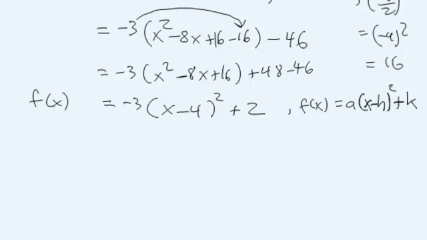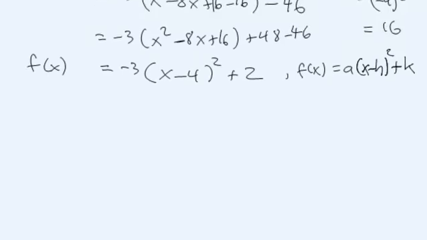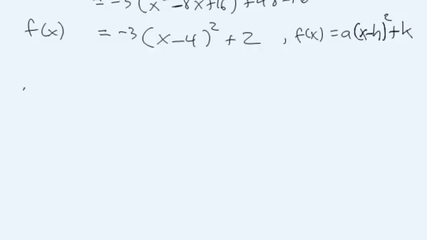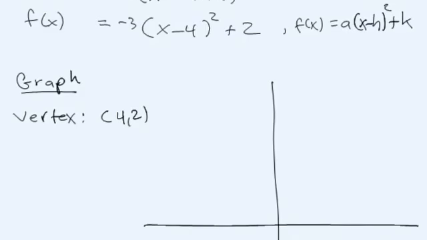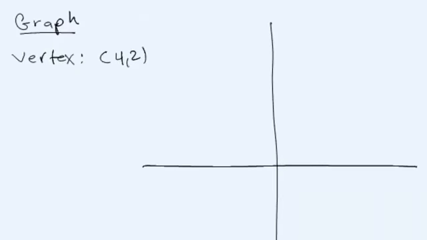Now that it's in vertex form, I want to graph it. So I take my vertex, which in this case is 4, 2, and plot that. So here's 4, 2.